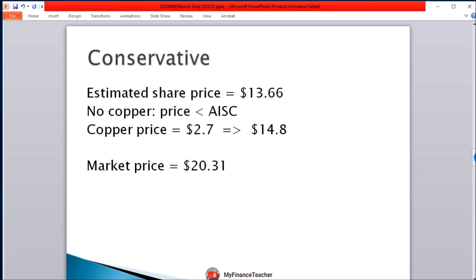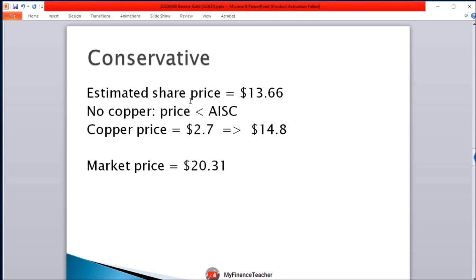And if we were to assume a future copper price of $2.7 per pound, that would give us a valuation for a company share of $14.8, which is still significantly lower than the current market price of $20.31.